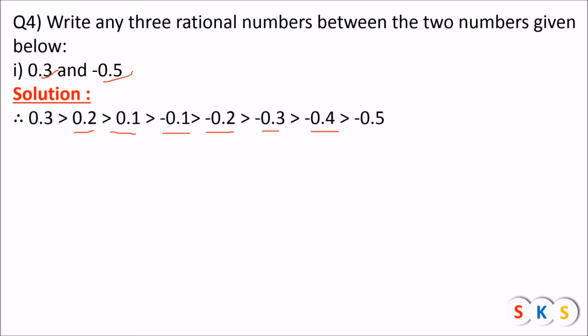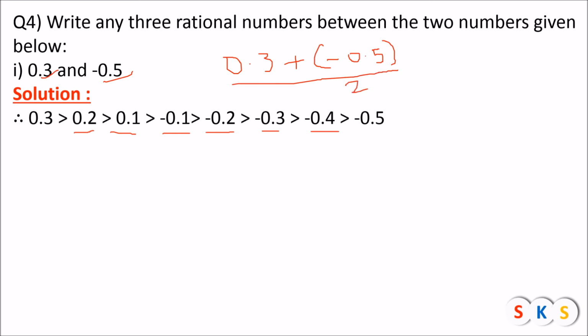If you want, you can solve this also to find the rational number between these two. What you have to do is add these two numbers, 0.3 plus minus 0.5, and divide the sum by 2.